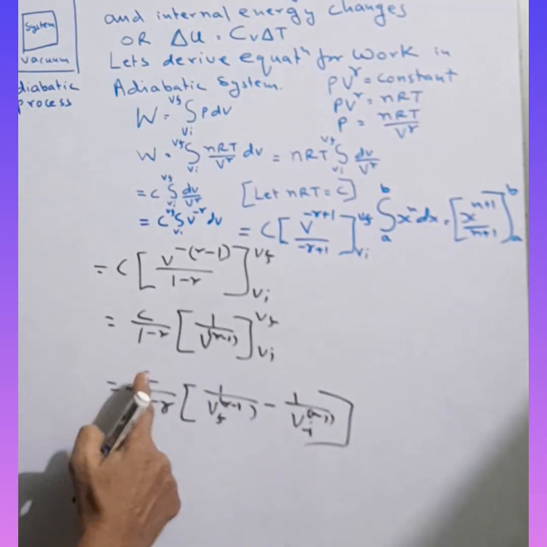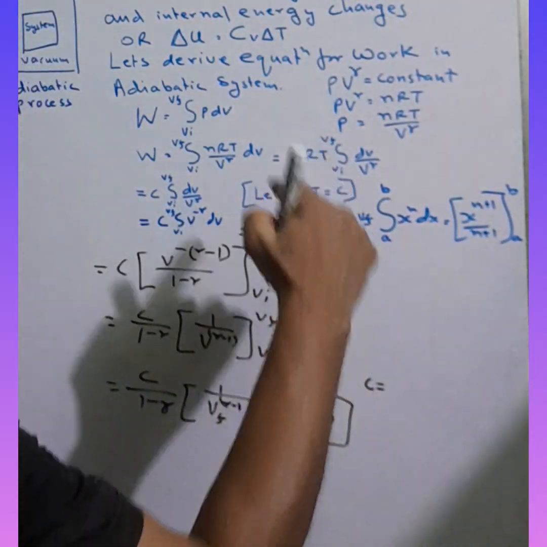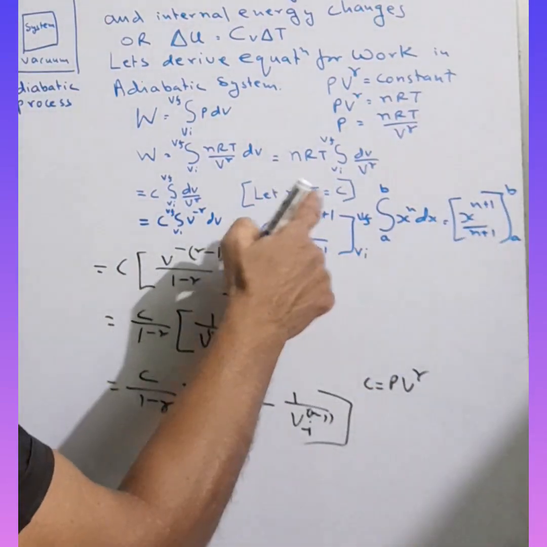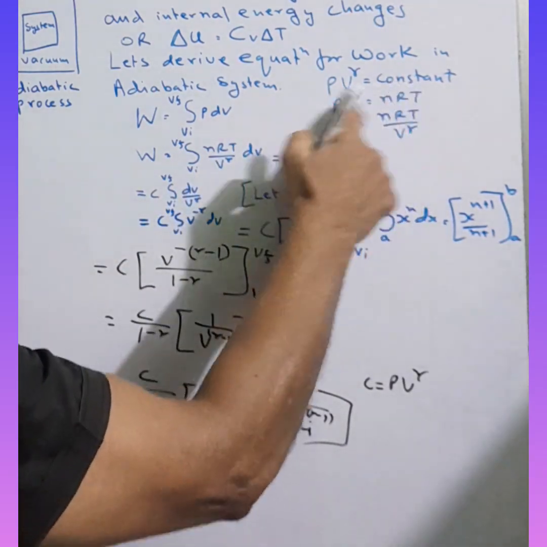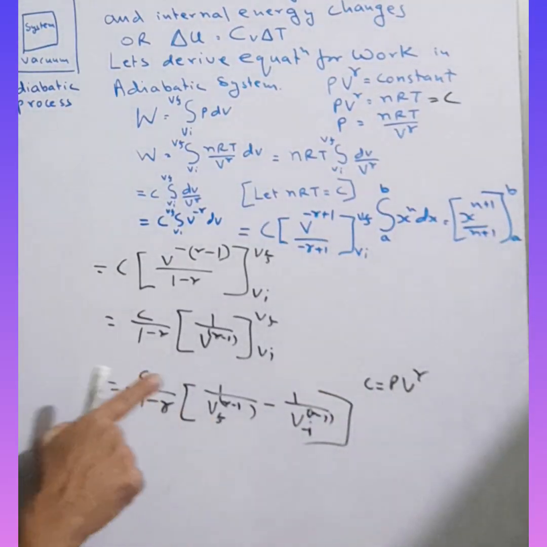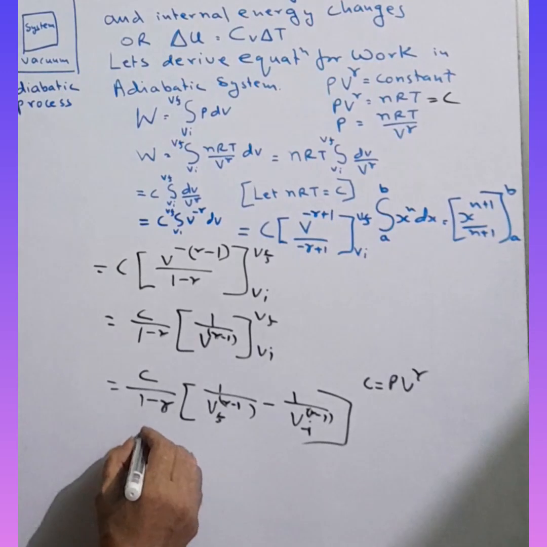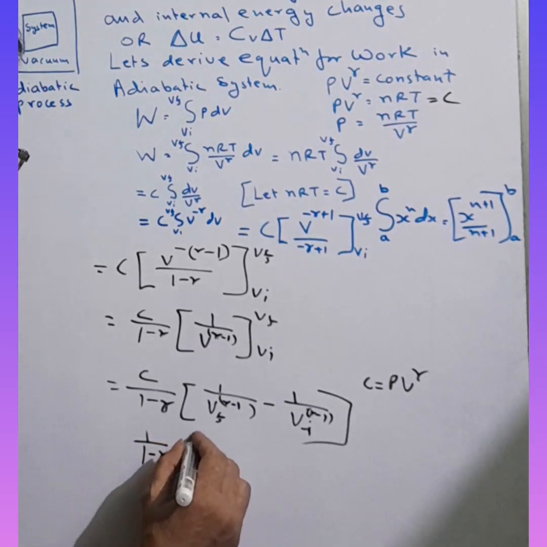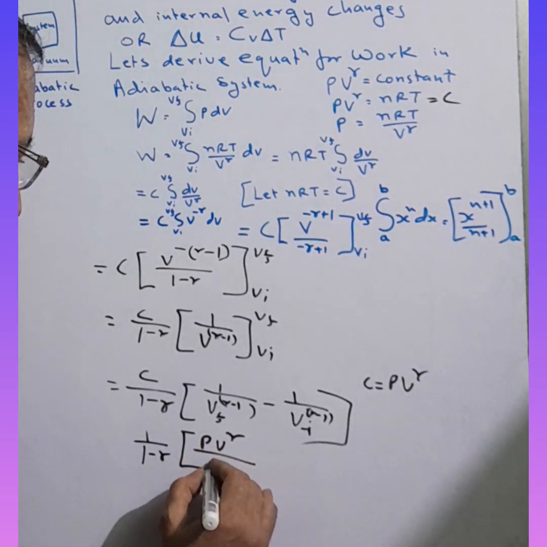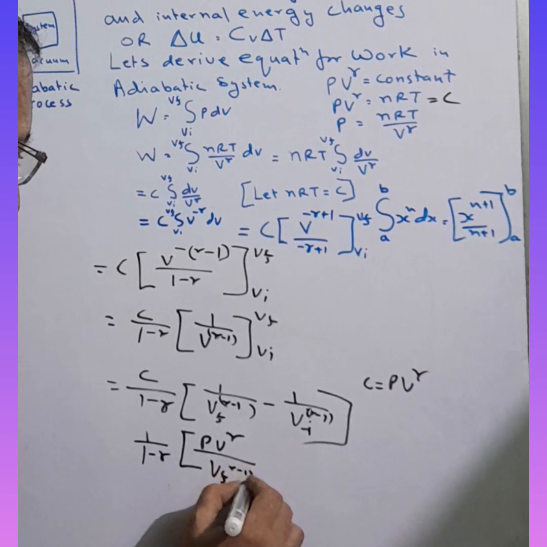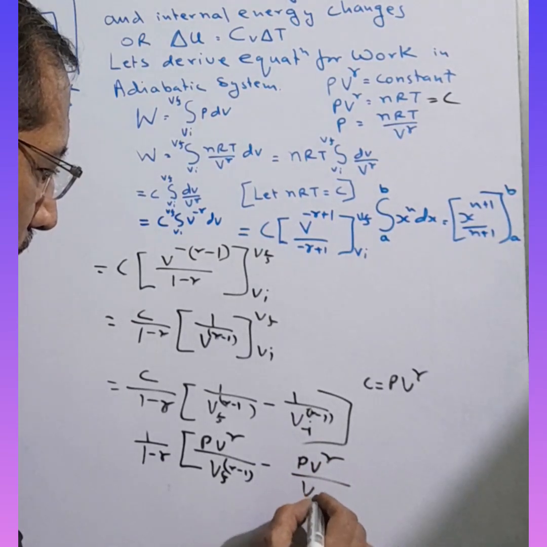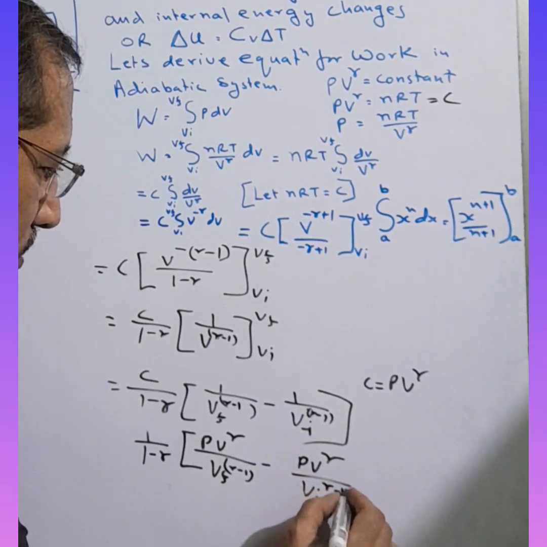We take C inside. Already we have shown C is constant, as PV gamma, and nRT, right? So this is equal to the C that we have taken. We can substitute that instead of C, taking it inside directly. So it is 1 over 1 minus gamma, and it is PV gamma over Vf raised to gamma minus 1, minus again PV gamma over Vi raised to gamma minus 1.